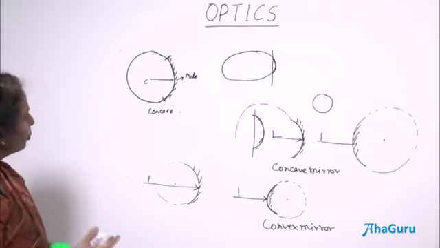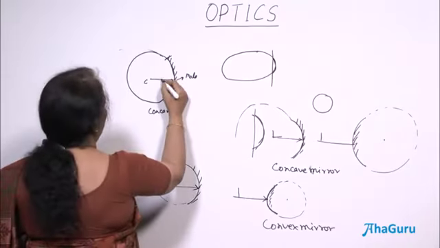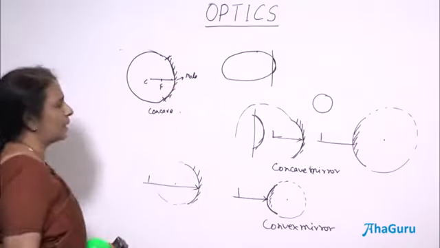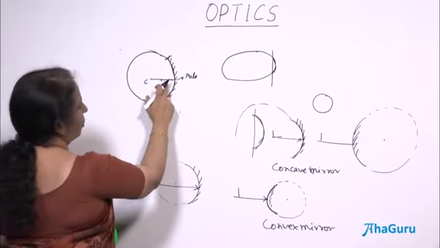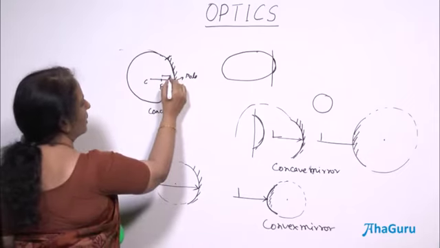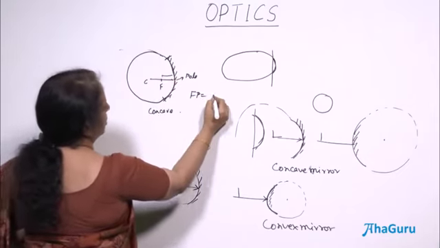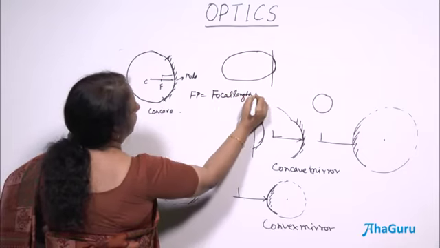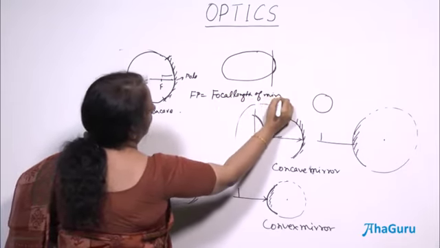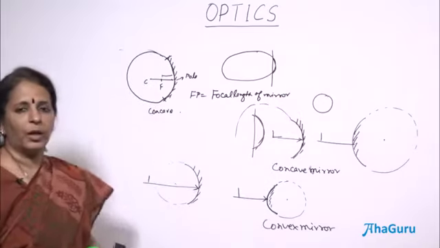Apart from that, a few more things. There is exactly a point in between C and P, just the central point. CF is equal to FP. This distance FP is known as the focal length of this particular mirror.